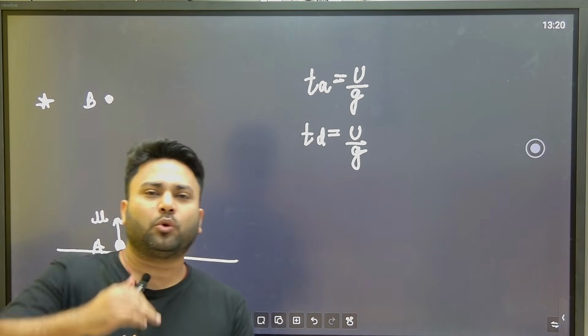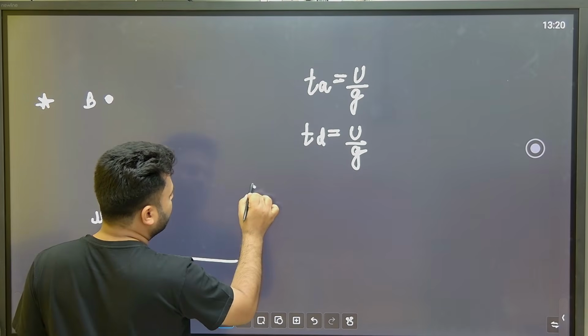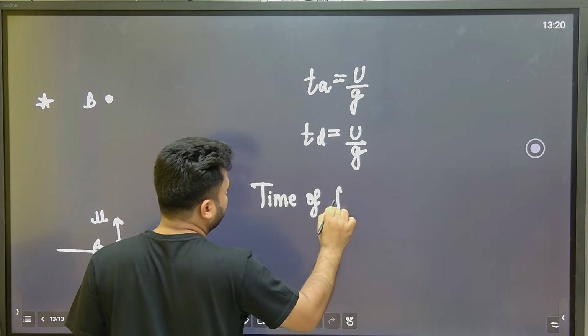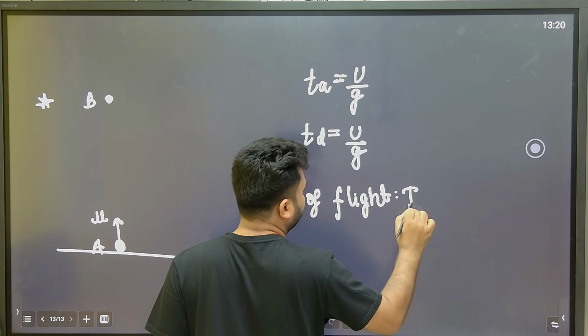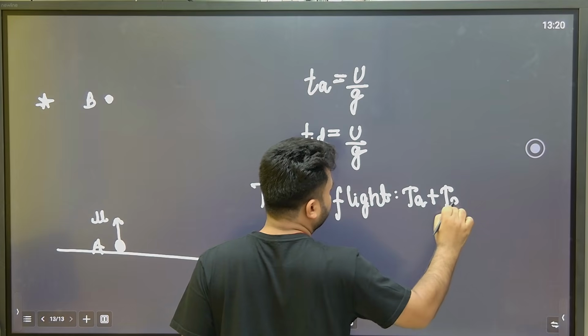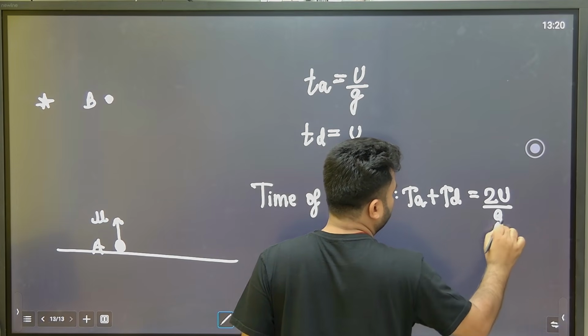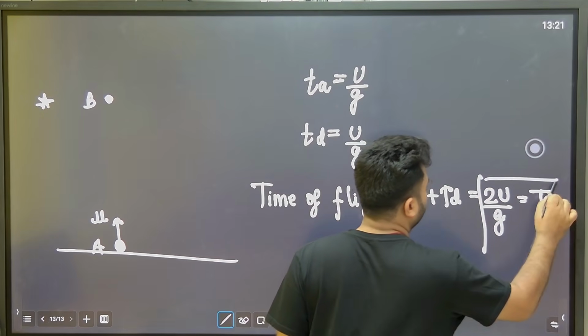So they ask what is the total time the ball was in the air. Total time is called time of flight. That is time of ascent plus time of descent. So this will be u by g plus u by g, 2u by g. So capital T, or time of flight, is 2u by g.